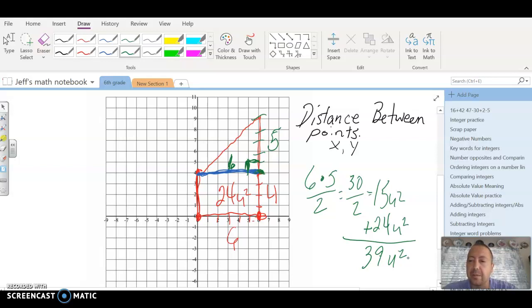And we can have many different types of irregular shapes, but remember, we want to decompose them into shapes that we can find the area of, such as triangles, rectangles, squares. Now we can also have parallelograms, which we also covered, or even trapezoids. But again, we look to decompose them into triangles, rectangles, and squares.